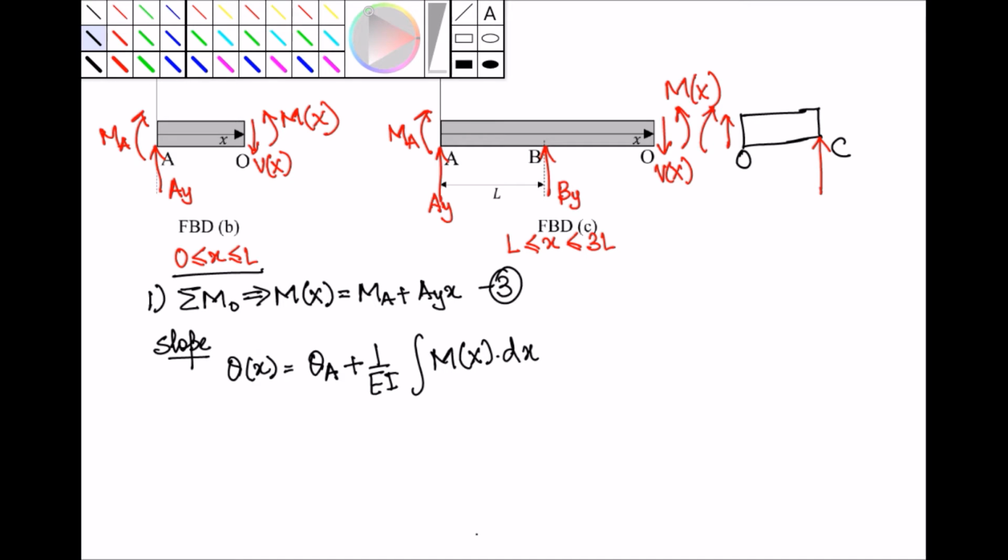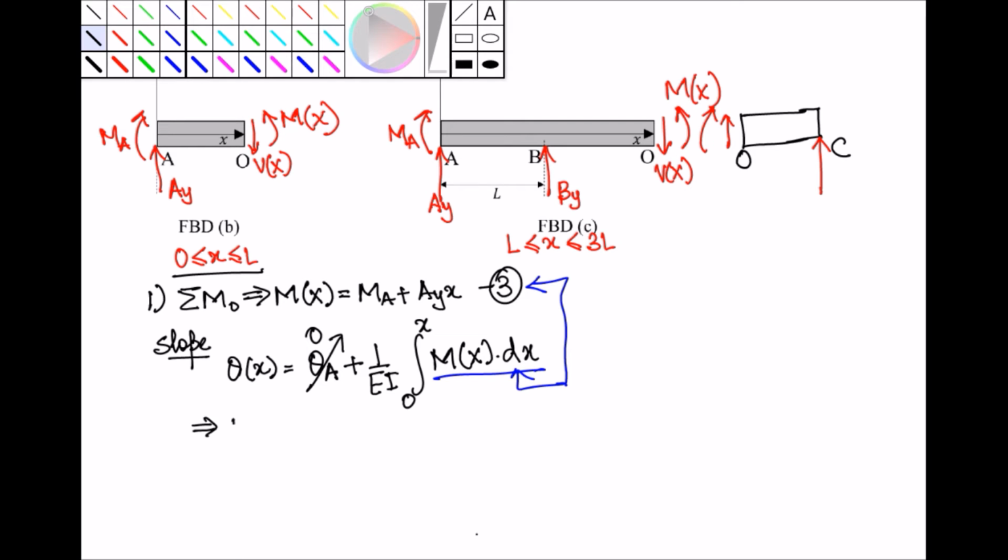Since this is a definite integral, the lower limit is the left hand side, equal to 0, and the upper limit is x. Note that the expression for bending moment we use is the one derived in equation 3, and from the geometric boundary conditions, theta A equals 0.